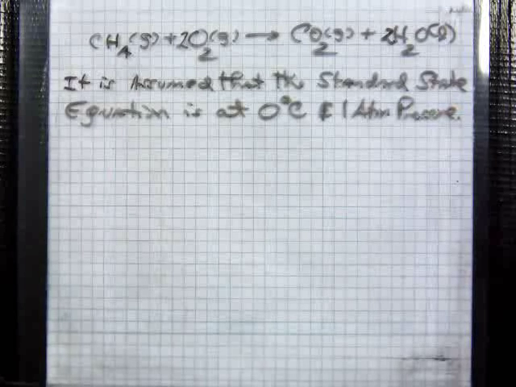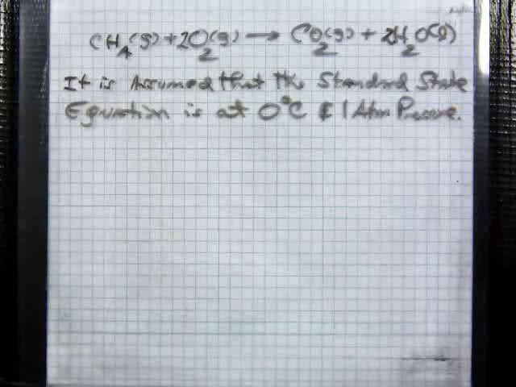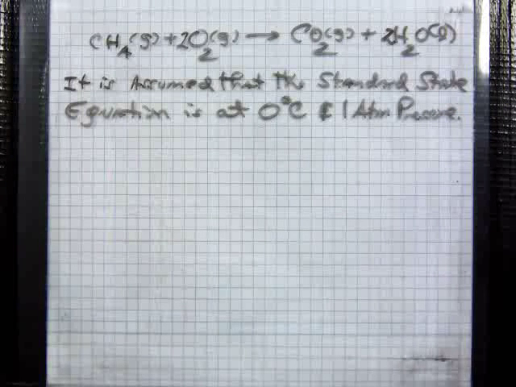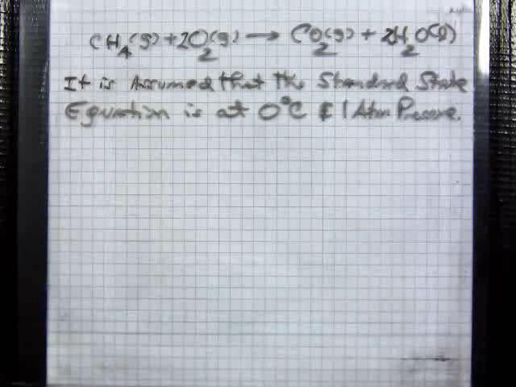When a molecular equation is given to you, balanced in a problem, of course other data may be given, but it doesn't specify that it is at 0 degrees and 1 atmosphere.